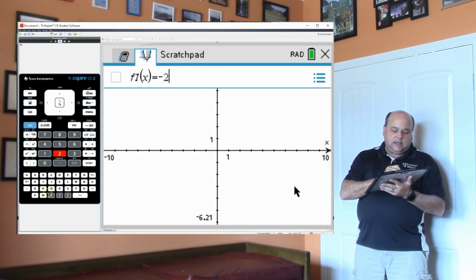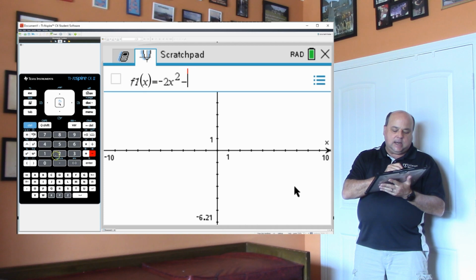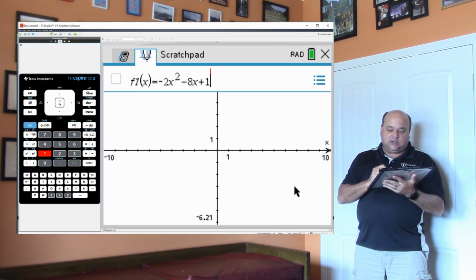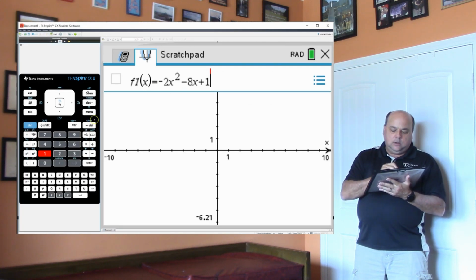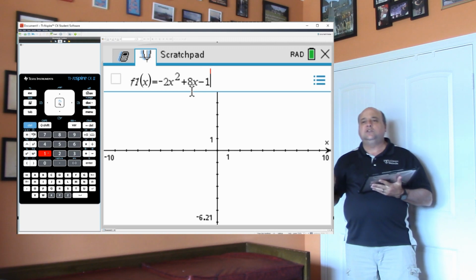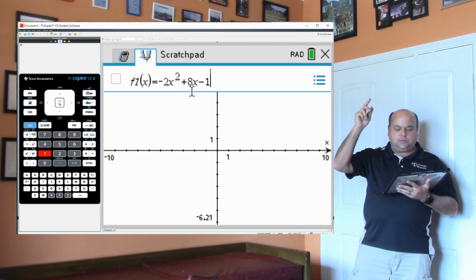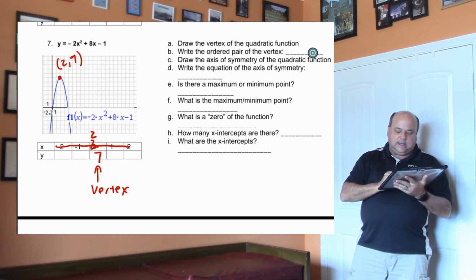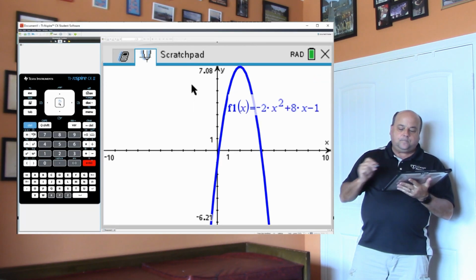I did it backwards. Don't listen to the teacher, right? Just do what you're supposed to. Negative 2x squared plus 8x minus 1. Just checking, that's it. Hit Enter.